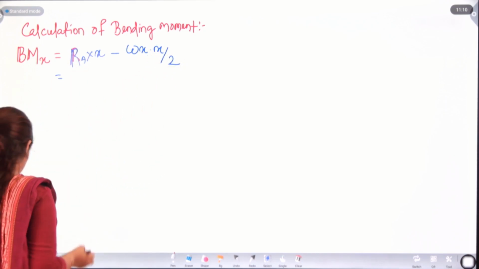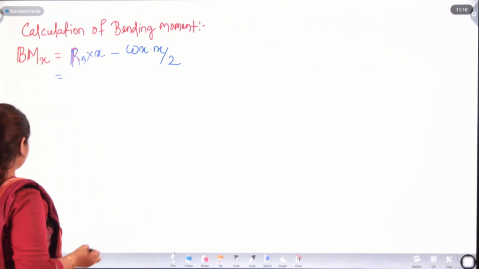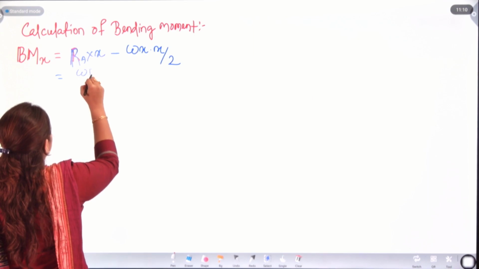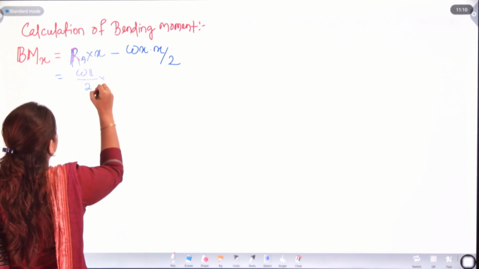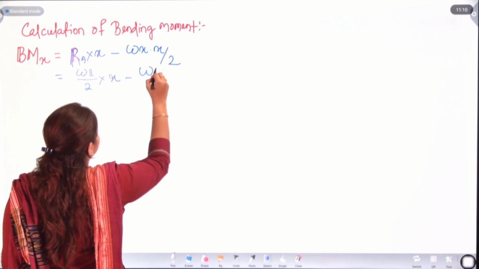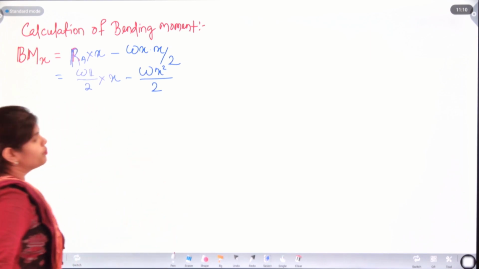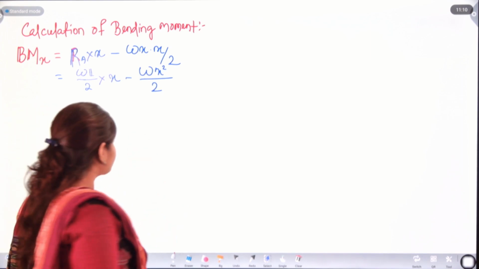So you know RA is what? WL by 2. WL by 2 into X minus W X square by 2.